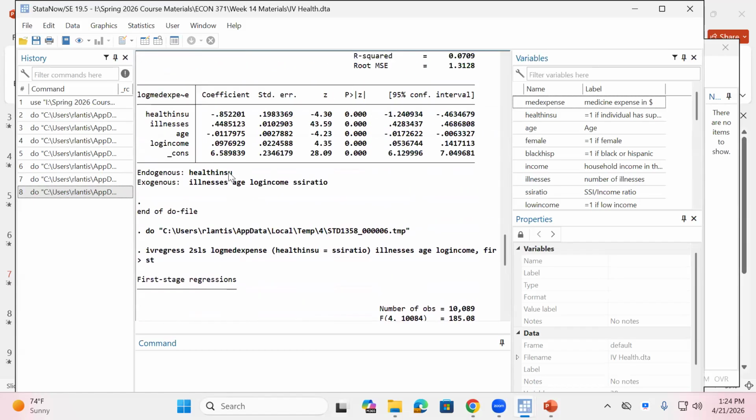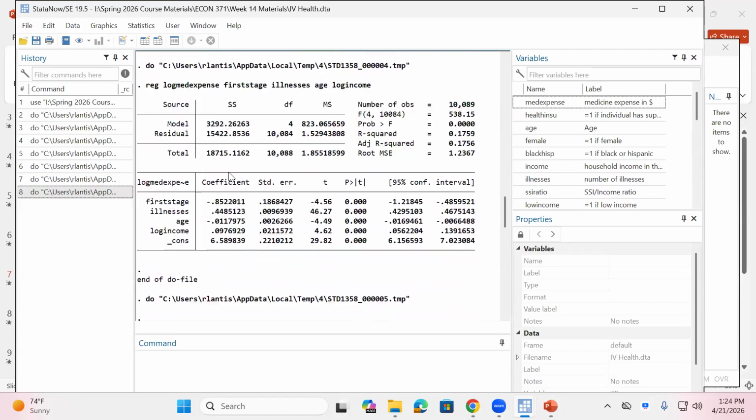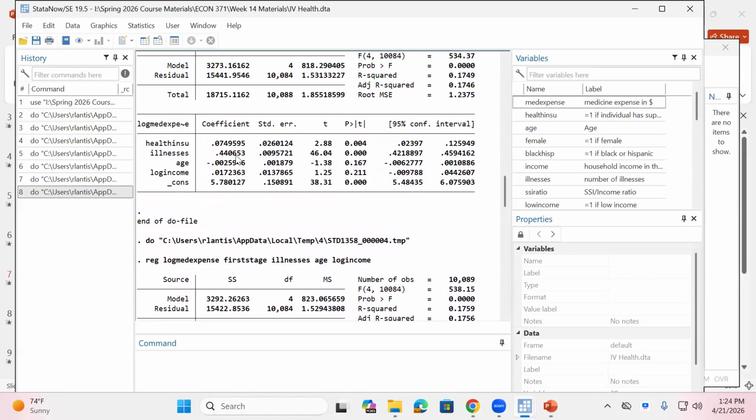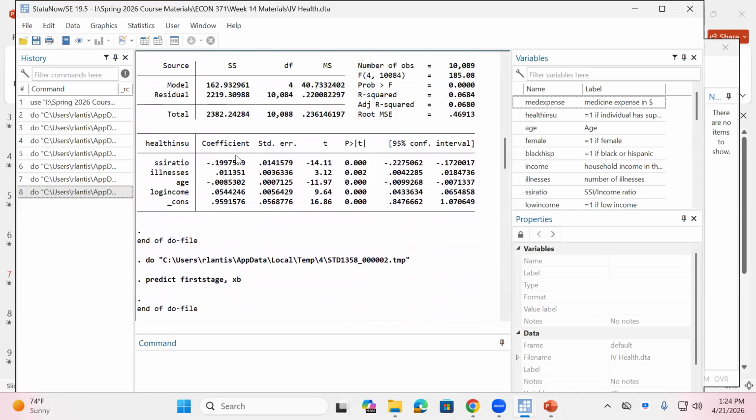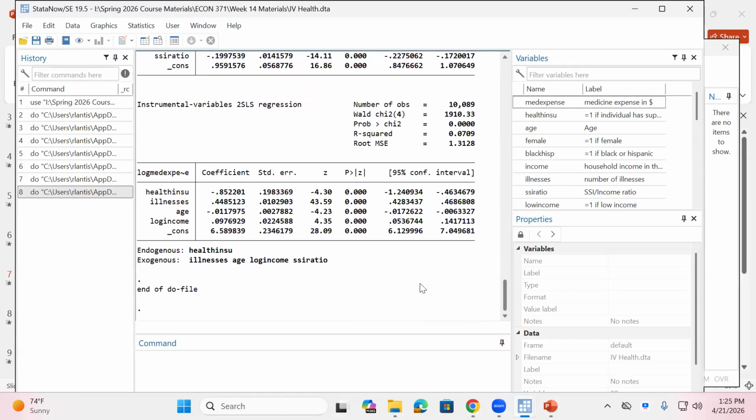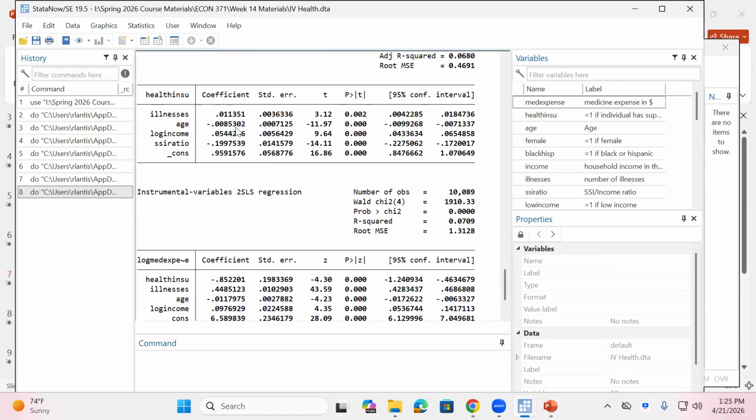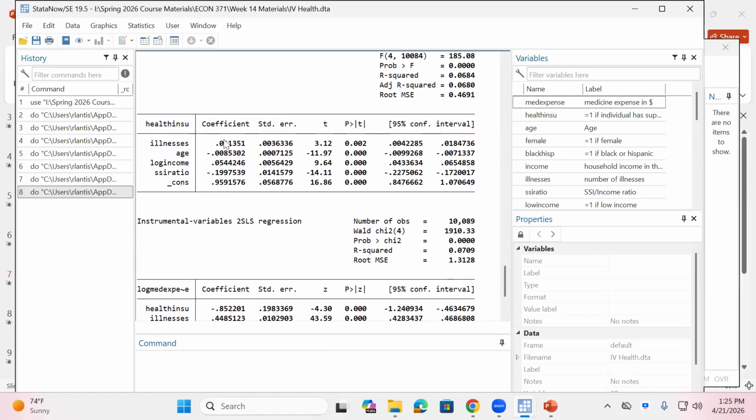So that was my first stage coefficient. Compare that to what we found before, when we did it piece by piece. It gives me the same kind of results. The order of the variables is a little bit different, which is kind of a pain. But ultimately, it does all this work behind the scenes for me. I don't have to break this down line by line. So I can look at those first stage results.